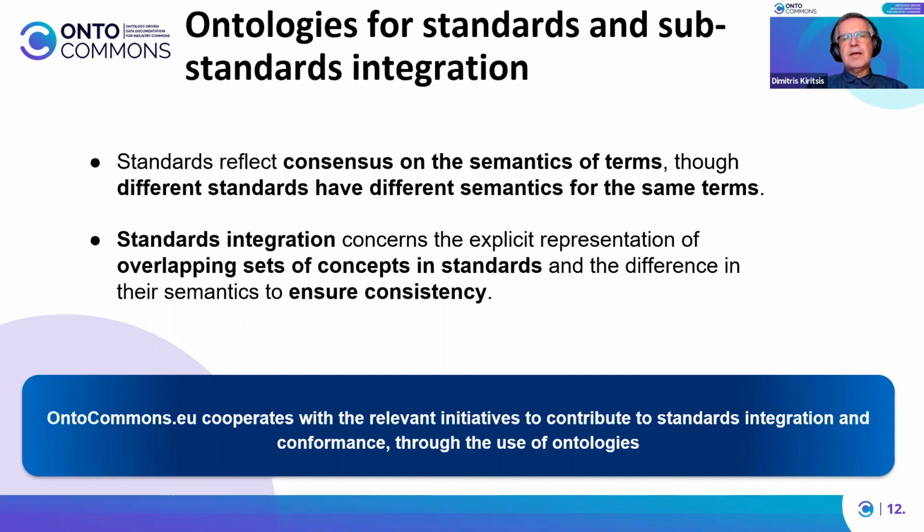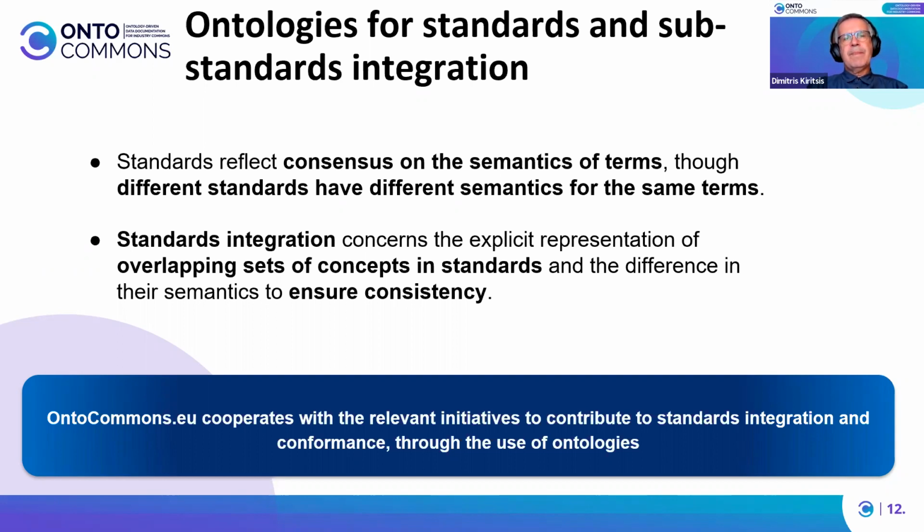And again, these terms have to be aligned in different standards. And also there is a need for alignment between standards that sometimes use terms with a different meaning. So this has to be harmonized, this has to be aligned.